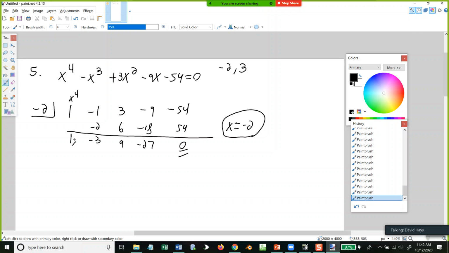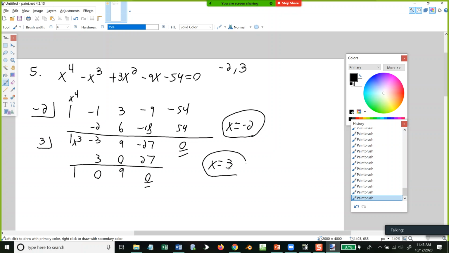We're now down to x to the 3rd, because each answer you plug in and you get a zero remainder, it takes it down one more power. And I'll plug in the next number, which is 3. So add, multiply, add, multiply, add, multiply, add. We get another zero remainder, which means we found our second answer, x equals 3.